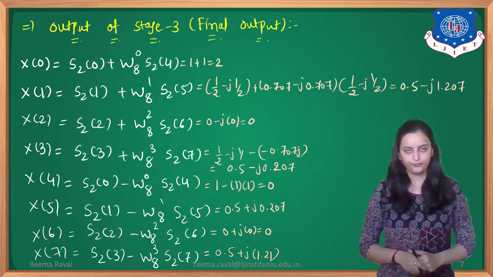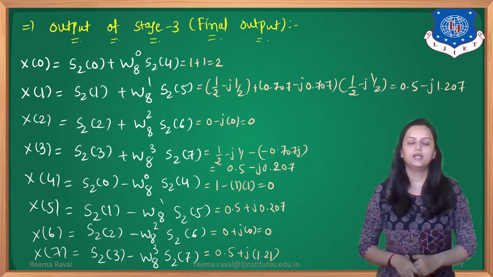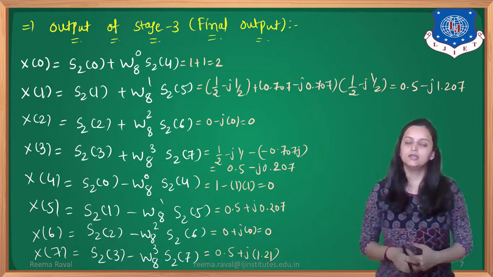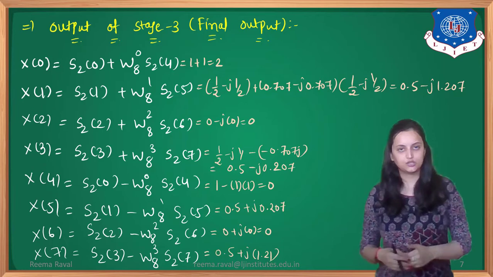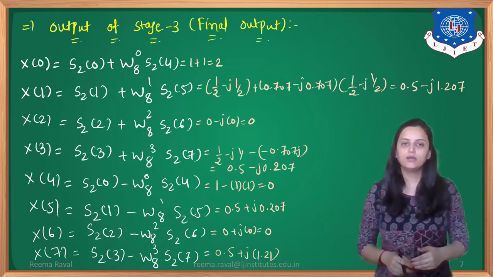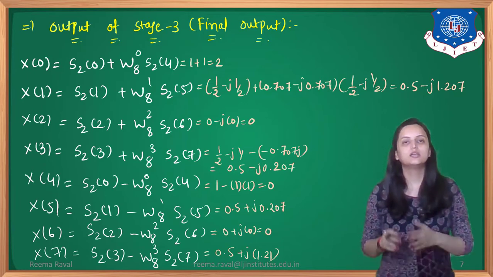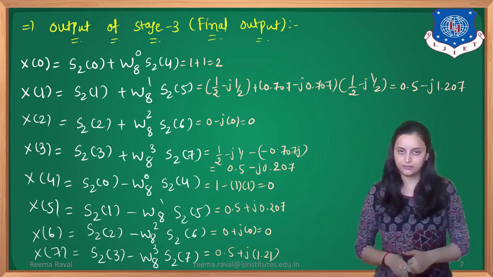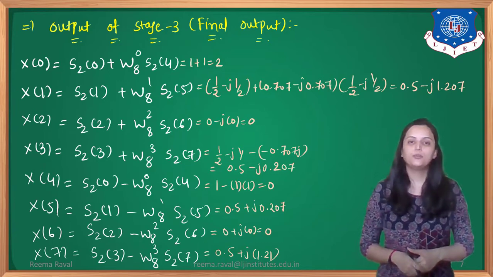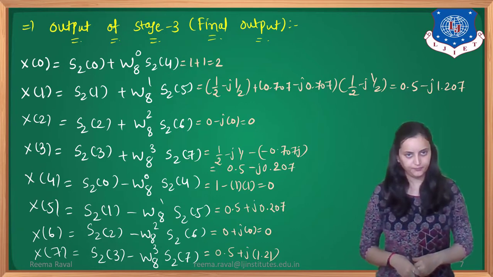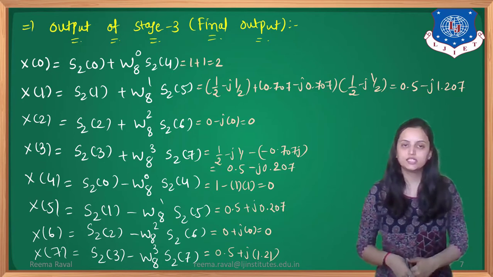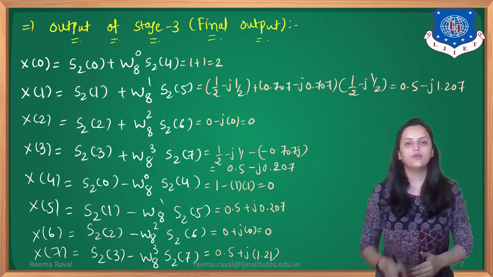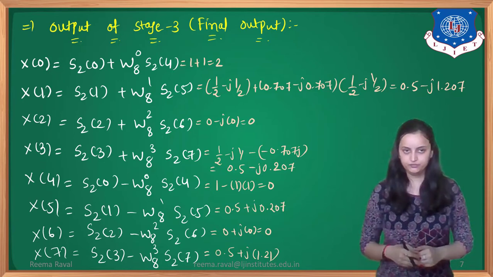Next is x of 2, that is equal to S2 of 2 plus W8^2 times S2 of 6, that is equal to 0. Next is x of 3, which is S2 of 3 plus W8^3 times S2 of 7, which is 1/2 minus j 1/2 minus 0.707j, whose value is 0.5 minus j 0.207. Next is x of 4, that is S2 of 0 minus W8^0 times S2 of 4, that is 1 minus 1, equal to 0.